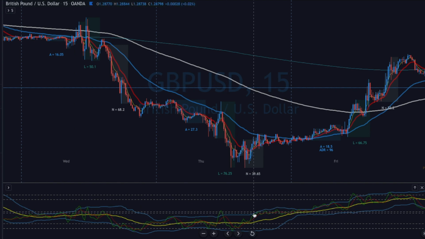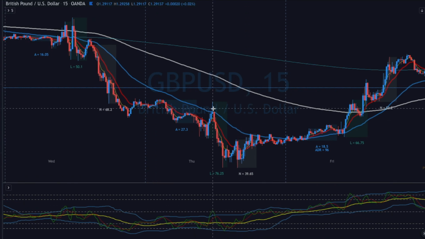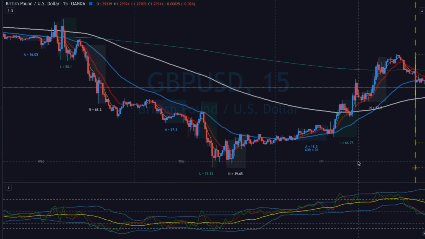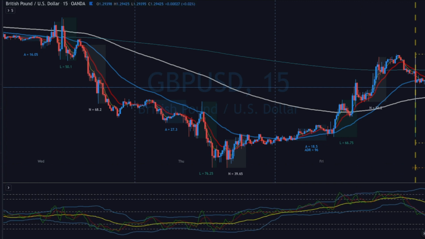All right, now that you know how to add it on TradingView, let's take a look at some examples of what exactly we're looking for and how we can use it to confirm trades.